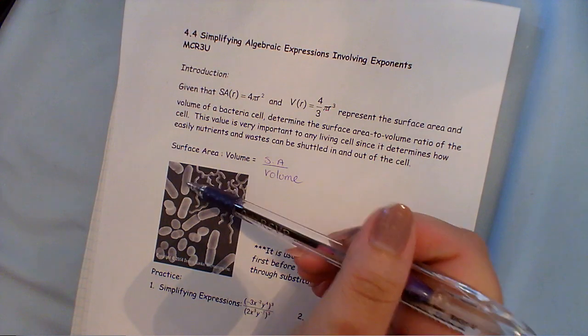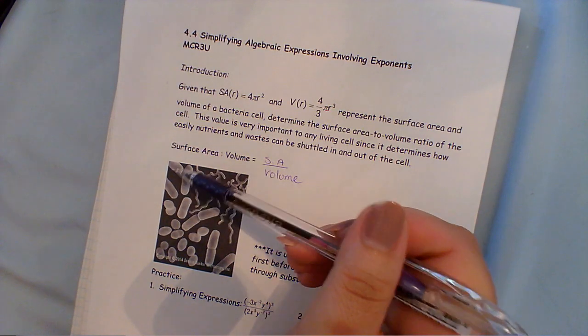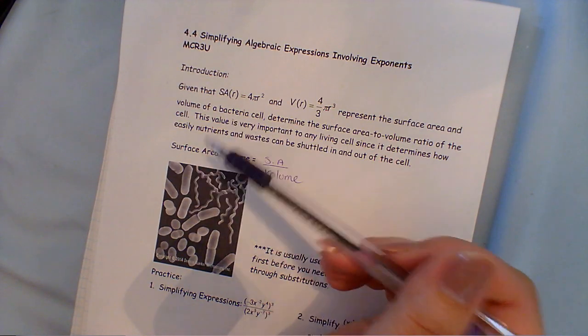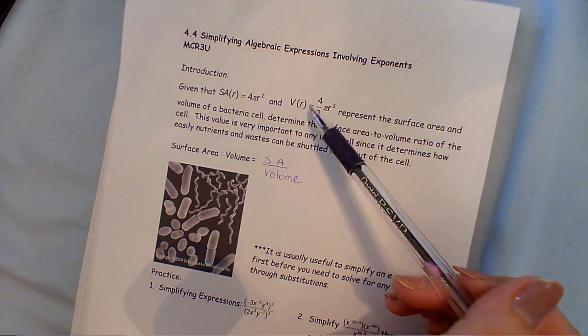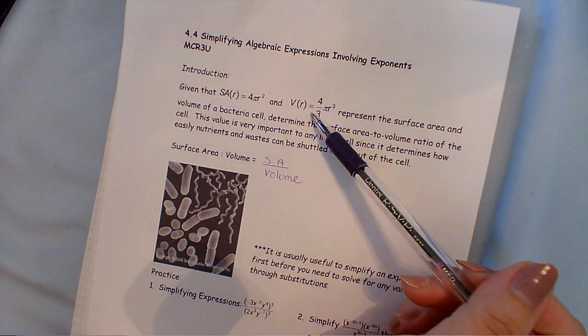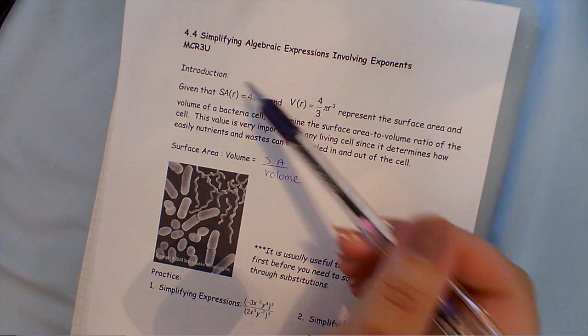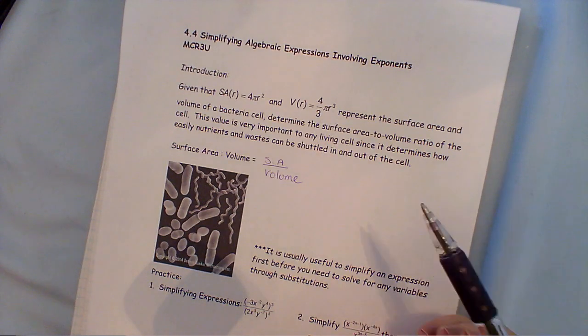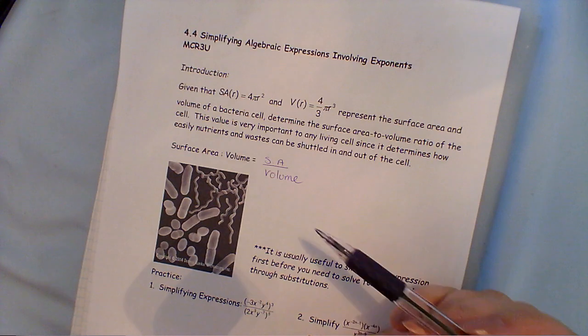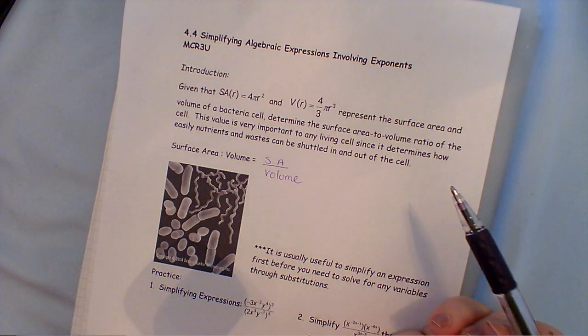The more opportunities, meaning the more doorways, the more exposure to the outside that it has, meaning the higher the surface area for a lower amount of stuff inside the cell, meaning a lower volume. So a high surface area to volume ratio means that it's going to be really effective at getting in what it needs and removing what it doesn't want anymore.